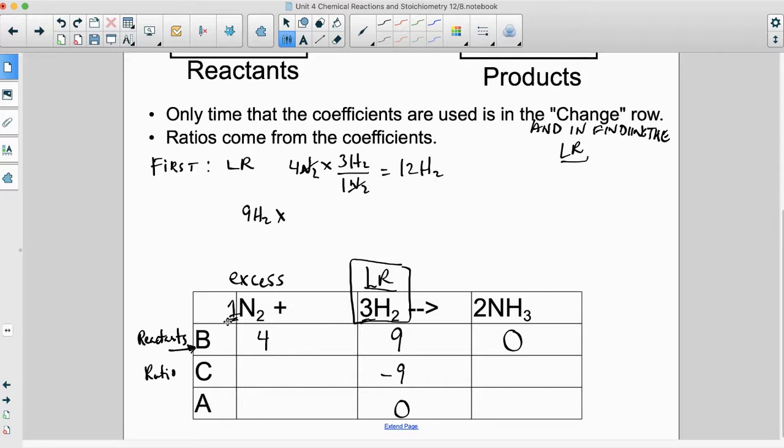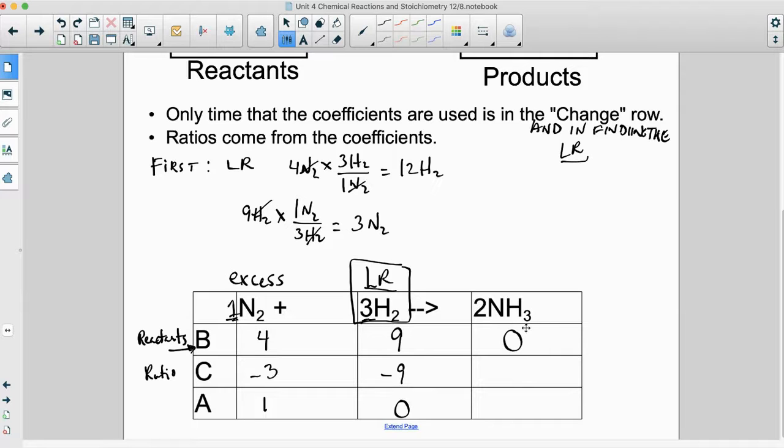And I can see that for every 1 N2, I use 3 H2s, so I can put that ratio in here, 1 N2 over 3 H2. H2s cancel out. And I get 3 N2s. So here, I will subtract off 3 N2s that are being used, and 4 minus 3 is 1. So I'll have 1 N2 molecule left over.